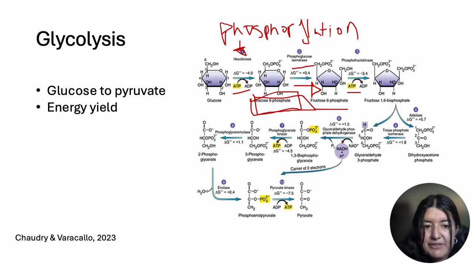The fourth step is cleavage, where fructose 1,6-biphosphate is split into 2. So now we're here. I included this little diagram so you can have a visual. And there are 2 3-carbon molecules, dihydroxyacetone phosphate, DHAP, and glyceraldehyde 3-phosphate, G3P.